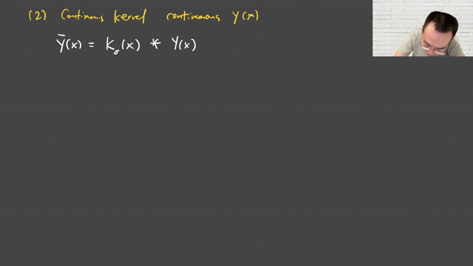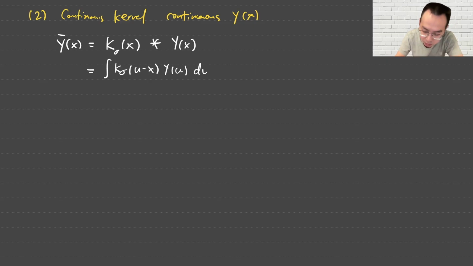Then we expand it out as the integral of k sigma of u minus x times y of u du. You see it's very similar to the summation, except we replace that with an integral. And this can be used to smooth out a continuous function.